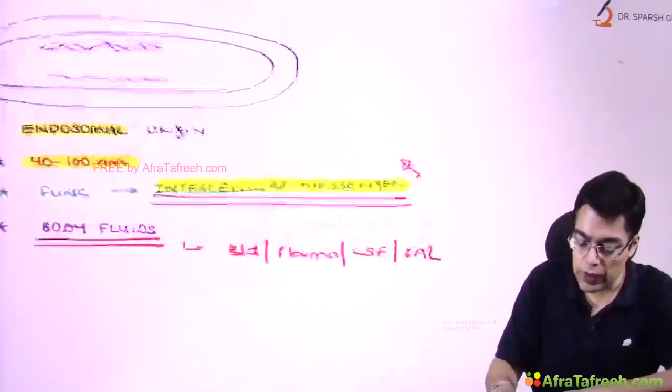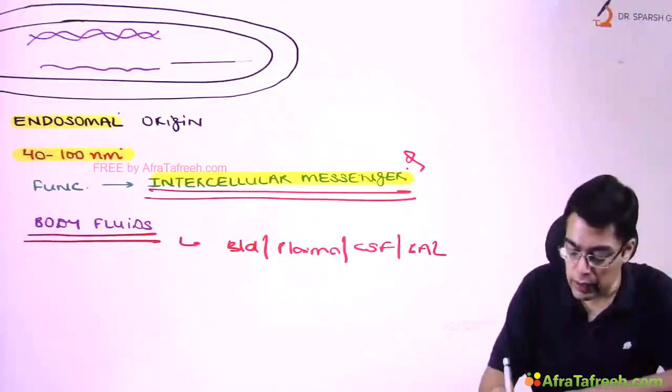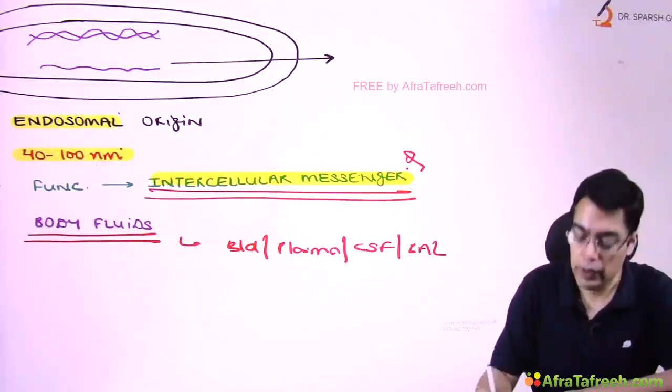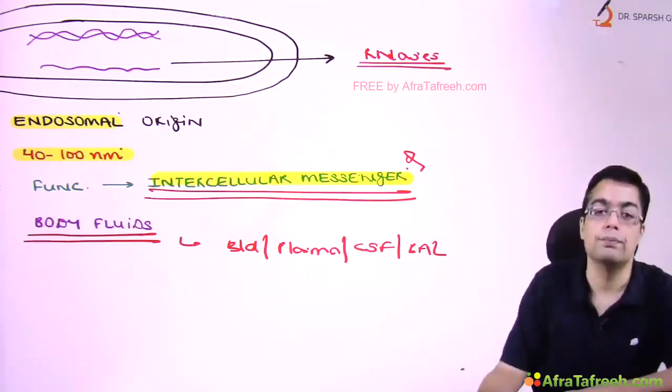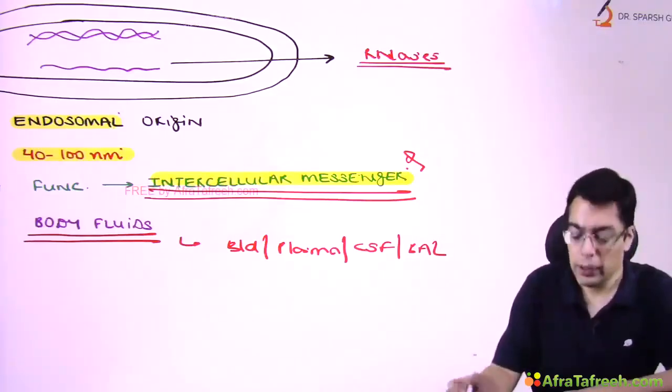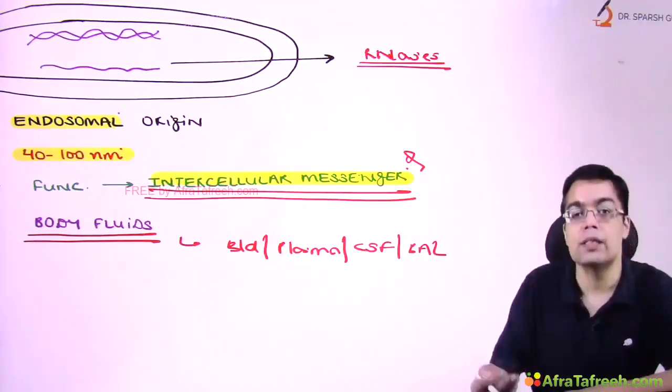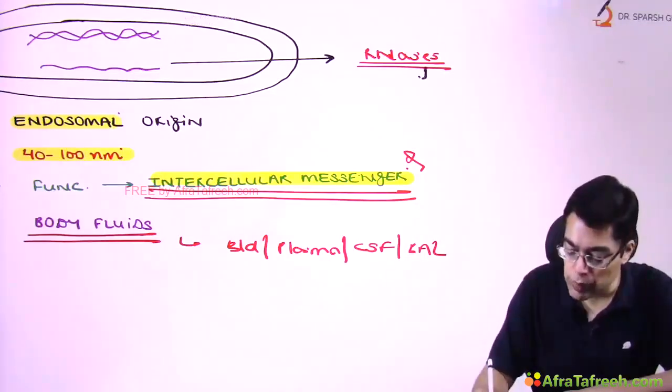We need to understand the concept, which is that the RNA that is present in an exosome is extremely resistant to the standard RNases that are present in the body. Why that becomes significant? If this RNA is going to be resistant, that means it is going to be more stable.